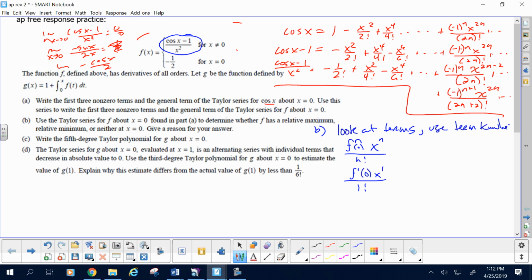If I look here, there is no x to the first. What does that imply? F prime at 0 must be 0. Now I could do the same, rather than do a ratio or a sign test on either side, which is too complicated. The second derivative at 0 should be tied to where I see x squared.